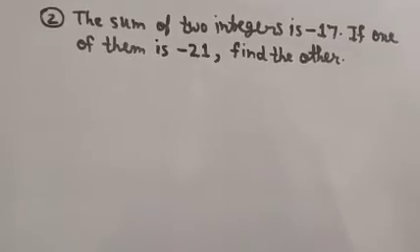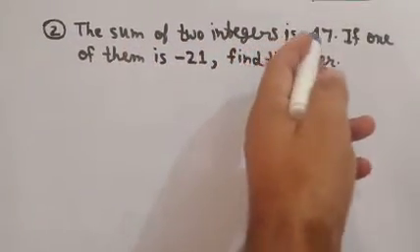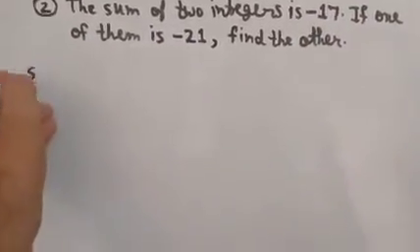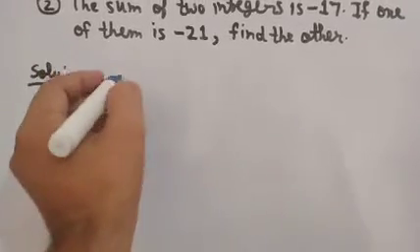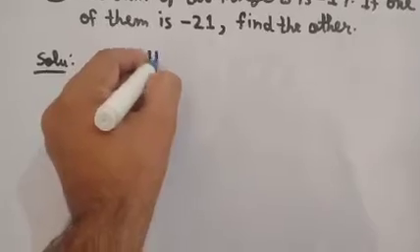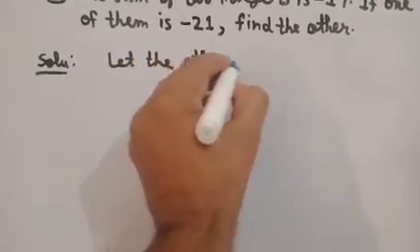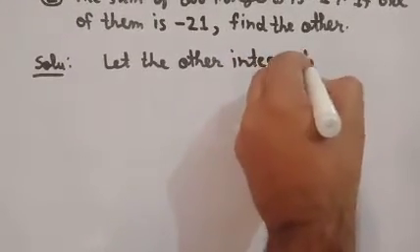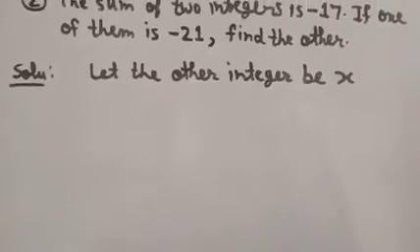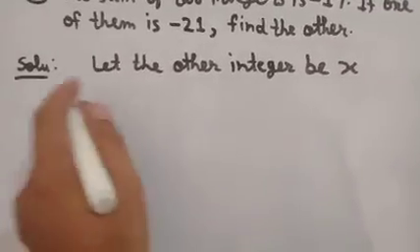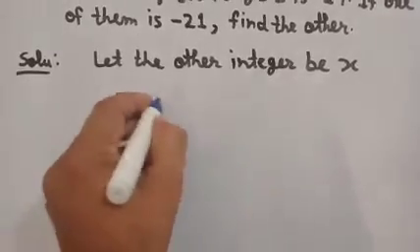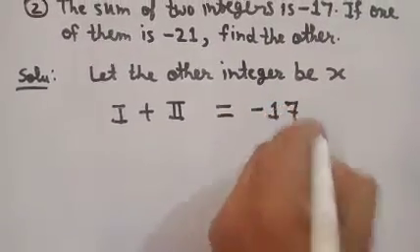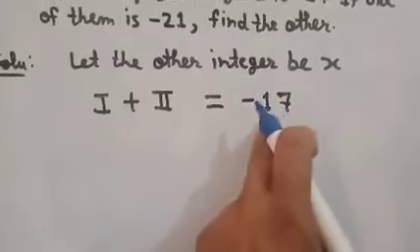So student, the second question is, the sum of two integers is minus 17. If one of them is minus 21, find the other. So look here, the solution. Let the other integer be x. According to the question, the sum of two integers is minus 17.